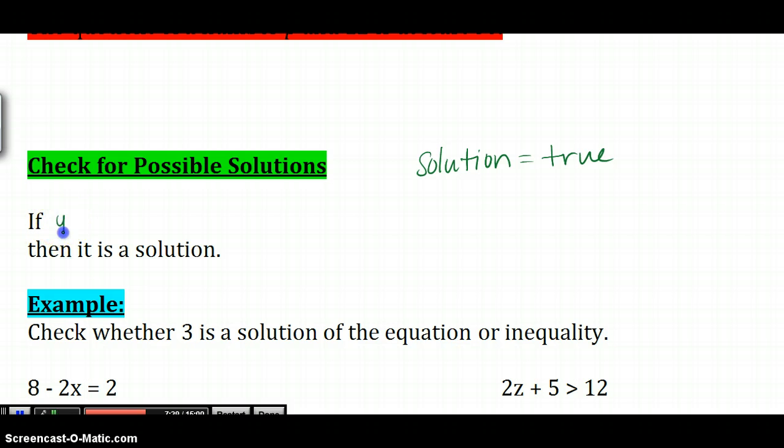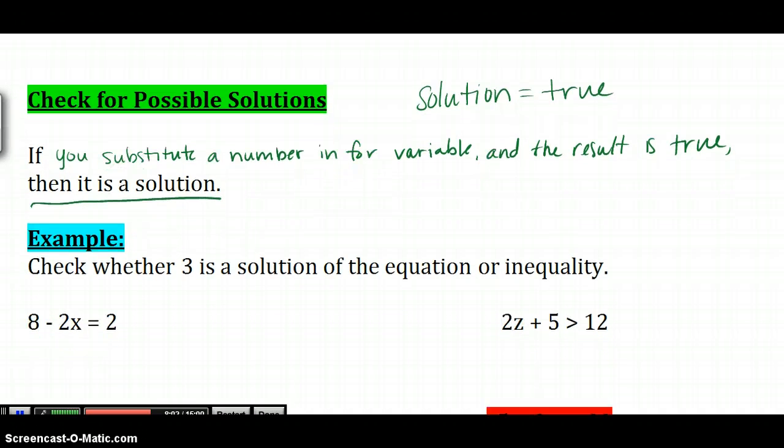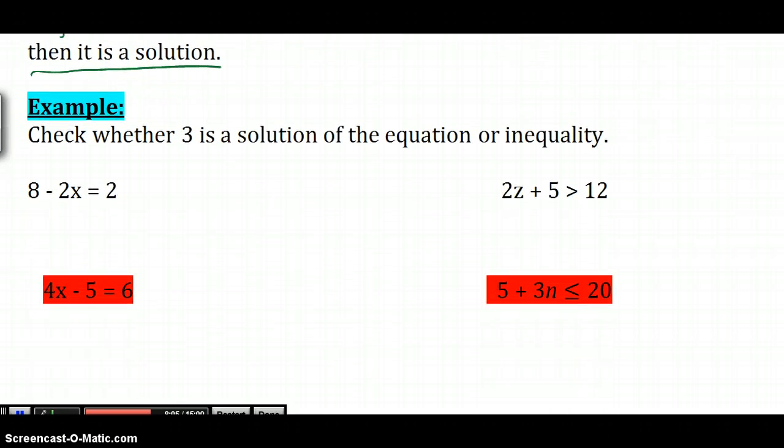So if you substitute a number in for your variable and the result is true, then it is a solution. So you're going to substitute a number in for your letter and see if it's true. If it is, it's a solution. If not, it's not a solution.